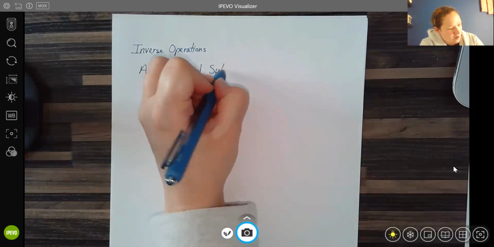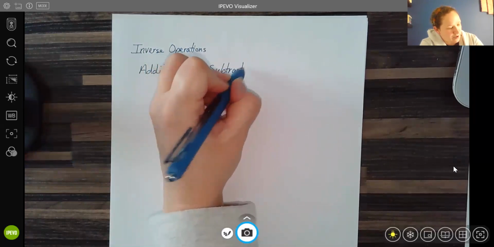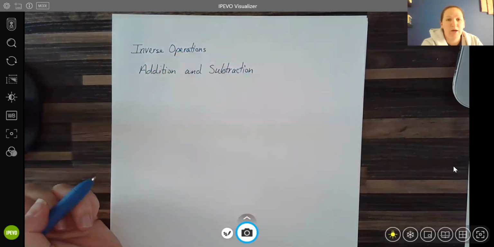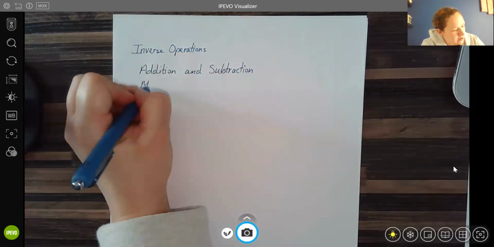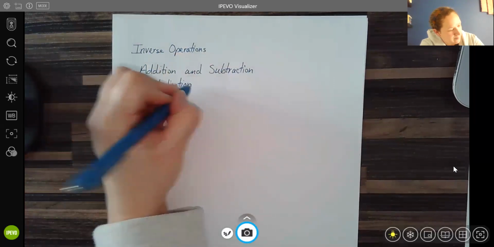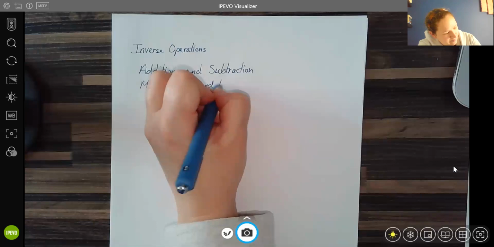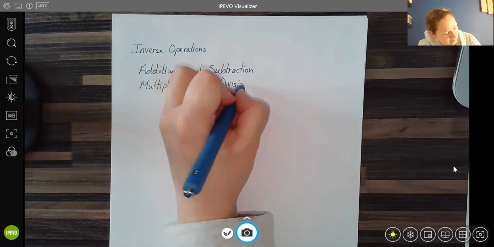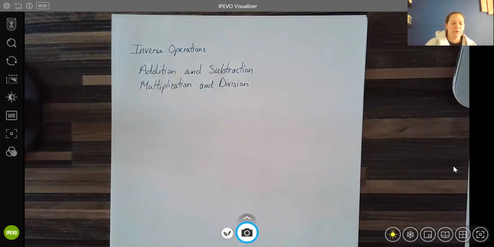Okay, those are what we consider inverse operations. Okay, another example would be multiplication and division. Okay, we can think about working backwards, right, or undoing an operation.